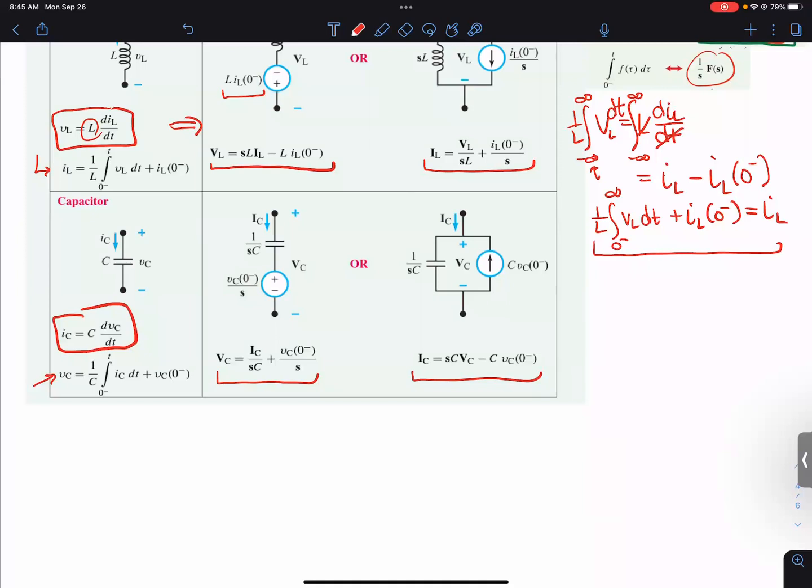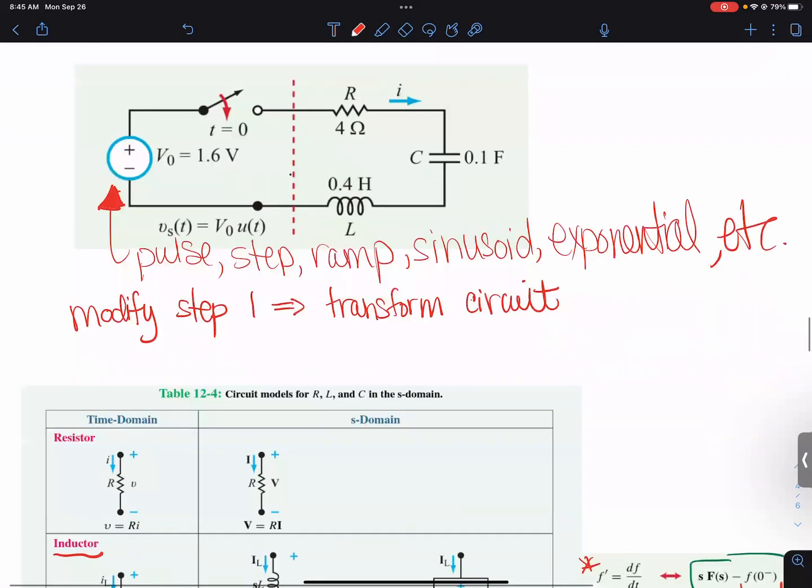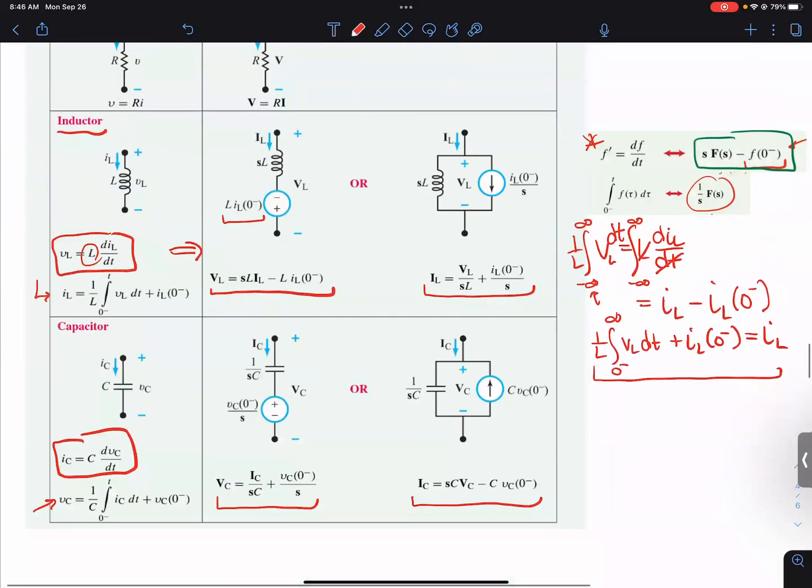So it was in series here. I think it would be easier to use the form where it is the voltage.